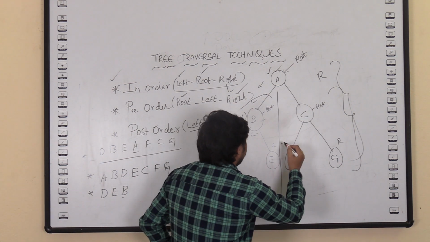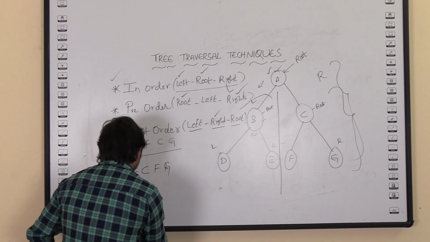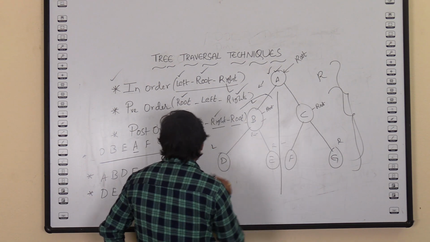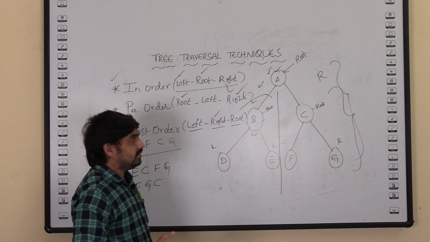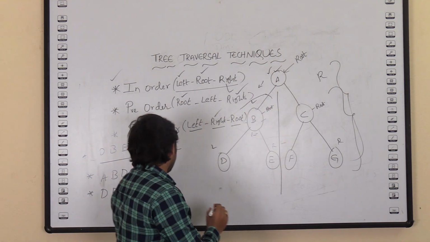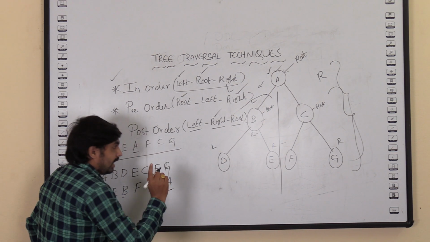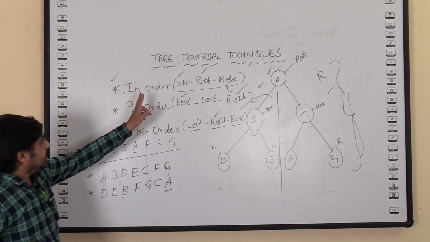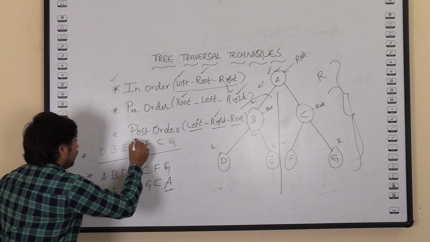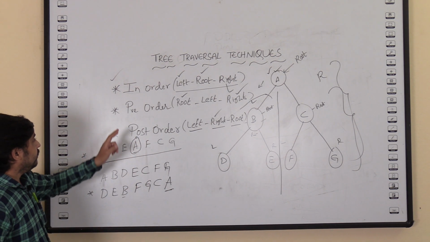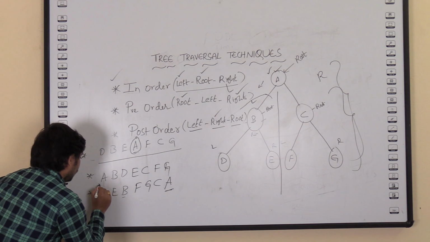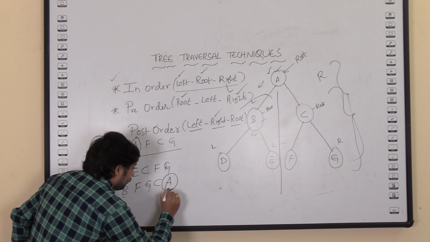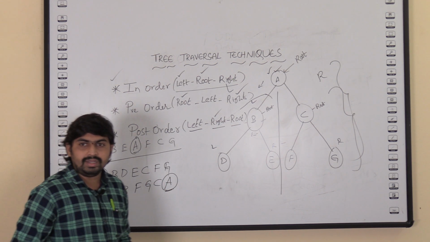In this condition, left node is F, right node is G, and the other root node is C. Then finally the main root node is A. This root node is represented in the last position. Okay, I have clearly explained this. In-order means the root node is represented in the middle of the tree, pre-order means the root will be represented at the starting location, and post-order means the root node will be represented in the last position of the tree.